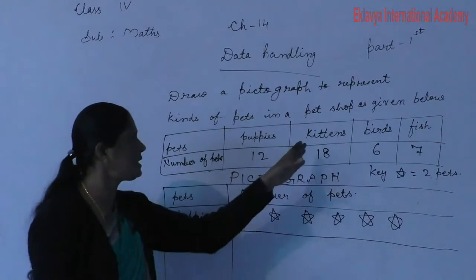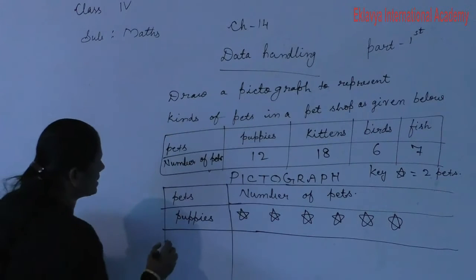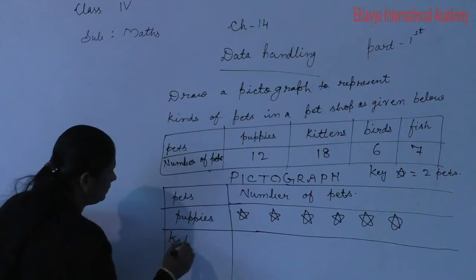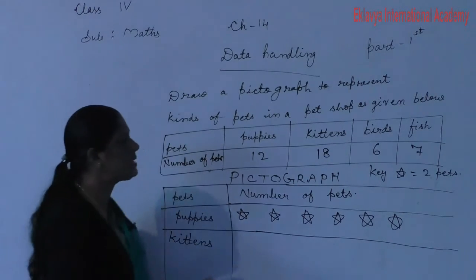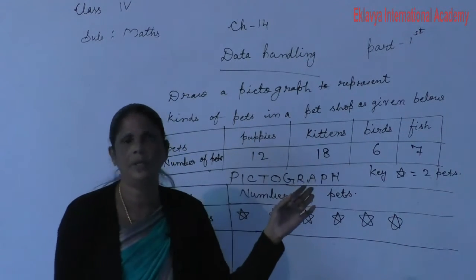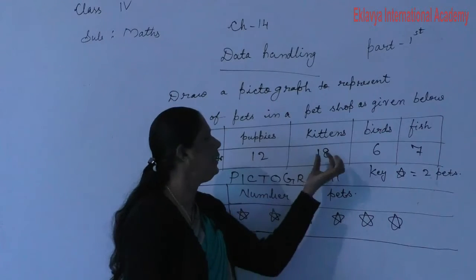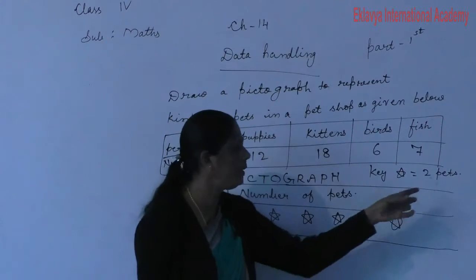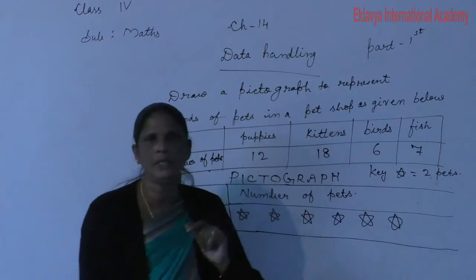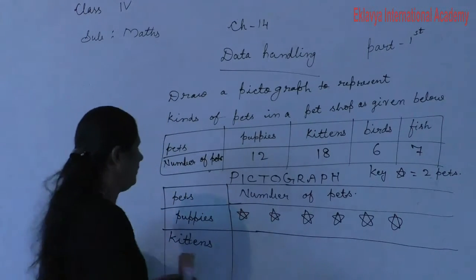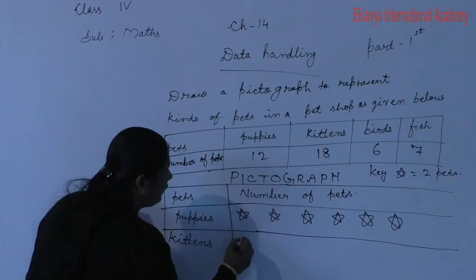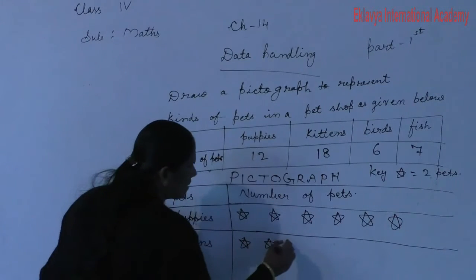We draw 6 stars. The next pet is kittens. How many kittens do we have? 18. Again you divide, 18 divided by 2, you get 9. Therefore we draw 9 stars.